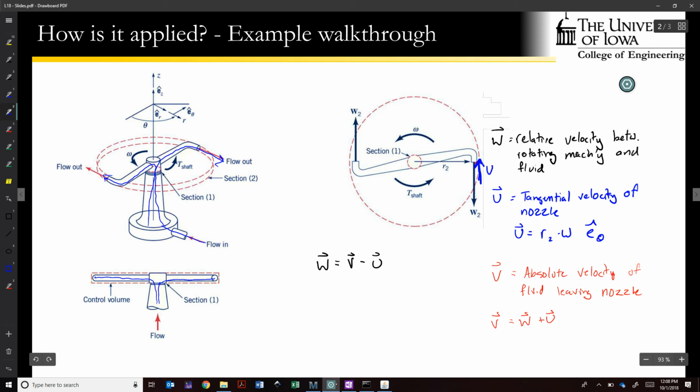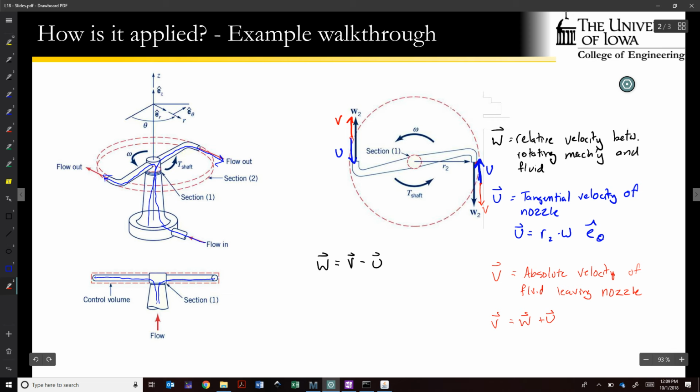If this is u, then this arrow here would be v. Draw that one more time over here, u and v.